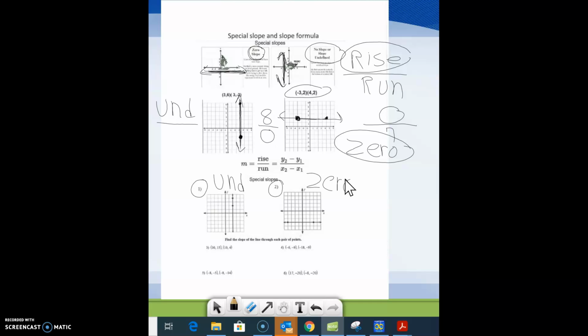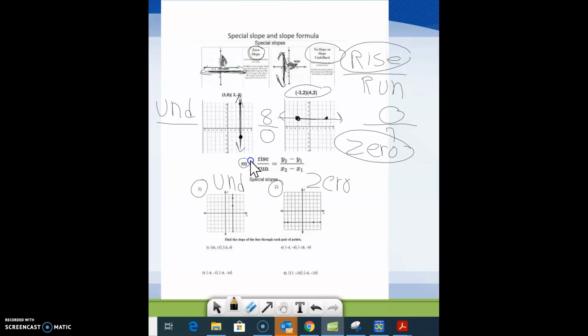Okay? So with the slope formula, what we're going to do is we're going to use numbers instead of graphing. Now they use the letter M. I have no idea why they use M. They should probably use S. Okay? Now Y2 just means my second Y because you need 2 points, right? Y1's my first Y. X2 is my second X. X1 is my first X.